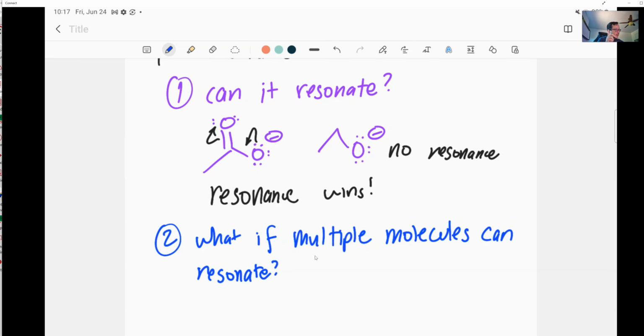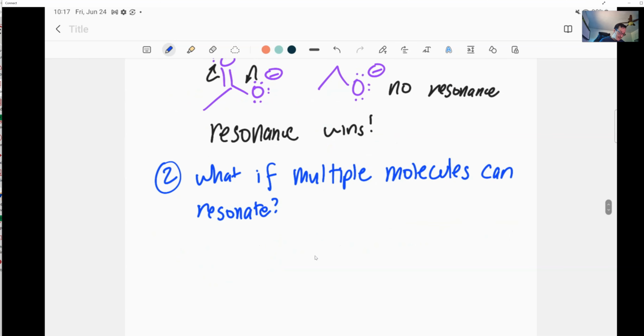I would not say that yet. I would say you should still be able, unless they're resonating exactly the same way, then of course, yes, we'll move to induction. But what if they resonate in different ways? I guess I should make that more clear, because as written, yes, this could be resonating the same way. And at that point, yes, then you'd look at induction for sure. But let's say they resonate in different ways.